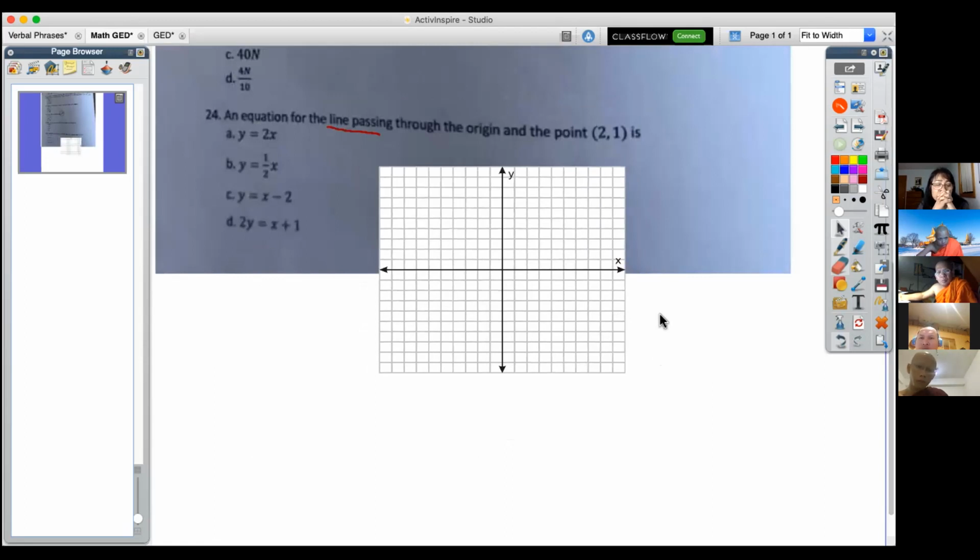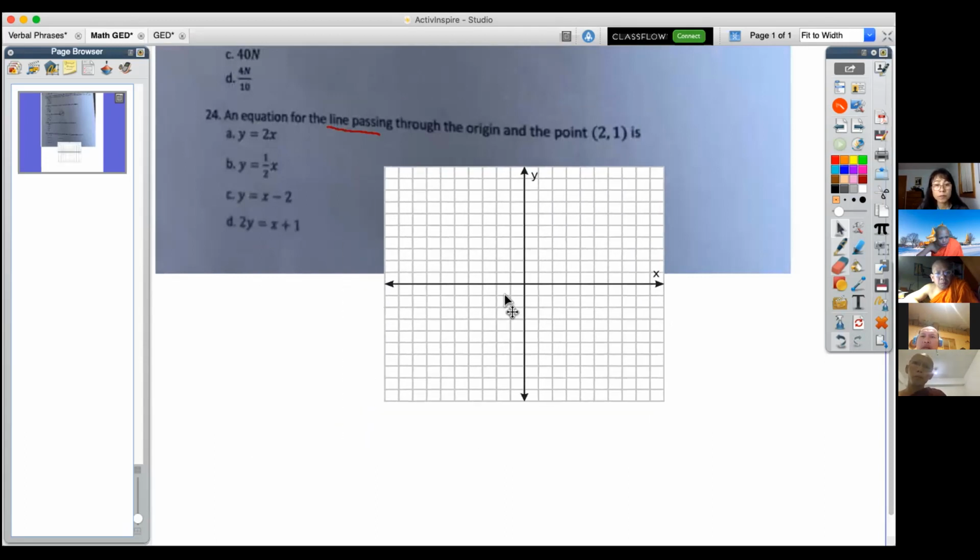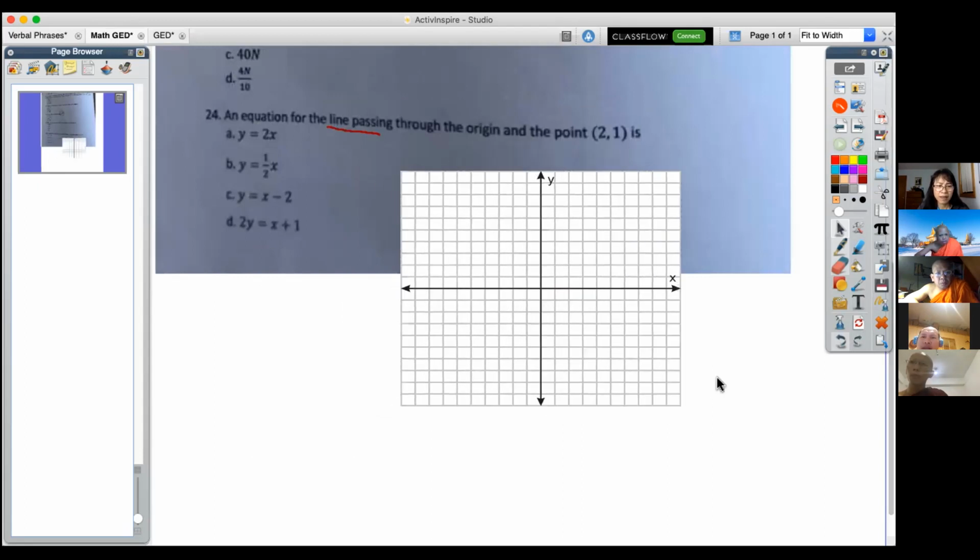A, B, C, or D? Number 1, origin. A, B, C, or D? B. Did you work it out or you just guess? You're supposed to work it out. No guessing.